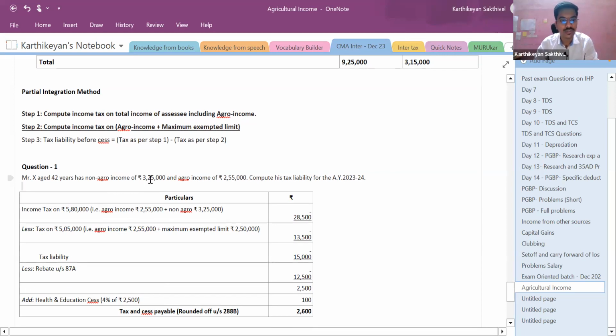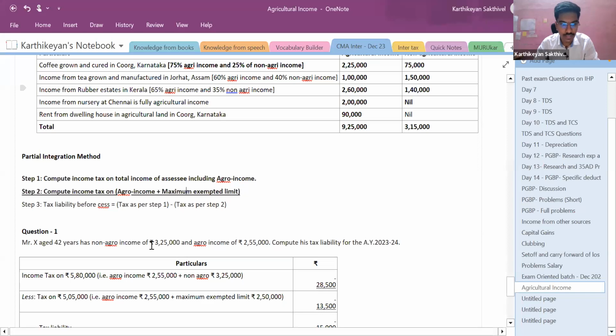So in this case the non-agricultural income is 3,25,000 and the agricultural income is 2,55,000. So there are two incomes, both agricultural income and other than agricultural income.